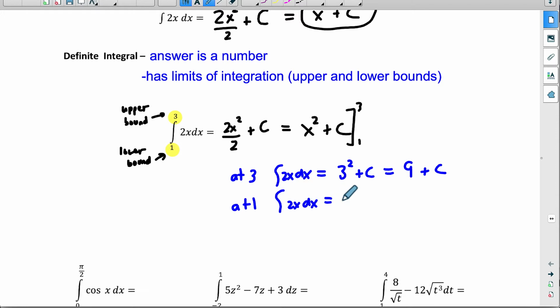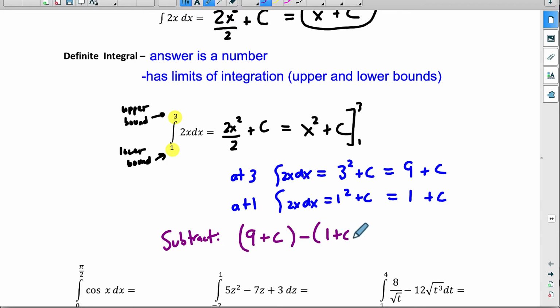It equals 1 squared plus c. So that's 1, because 1 squared is 1, plus c. And then what we do is we subtract. So we take the first one, the 9 plus c, and we subtract the second one, the 1 plus c. Now, what's going to happen to the c's? You're going to have c take away c. It's going to cancel out.